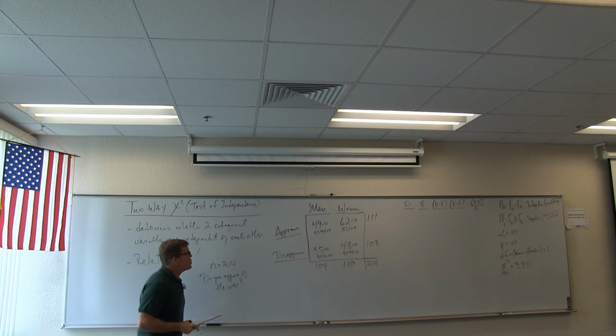So we have 4 sets of O's and E's. Now, we could do the sum of O minus E squared over E 4 times, right?